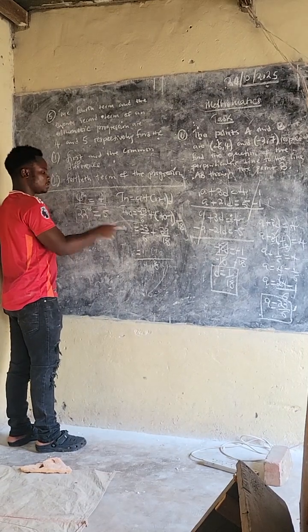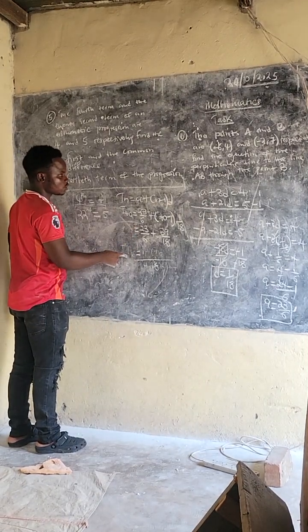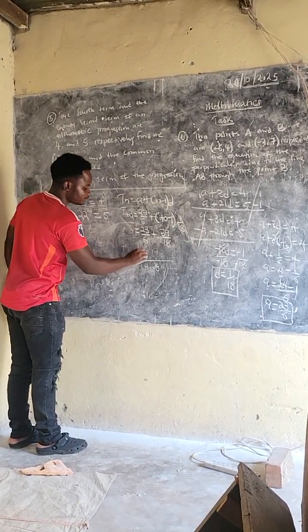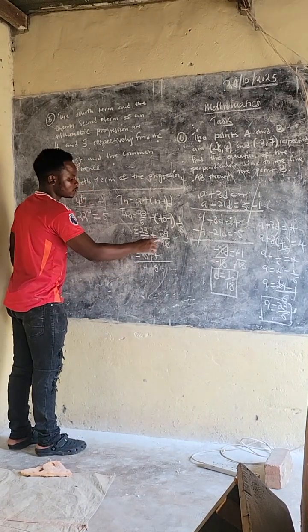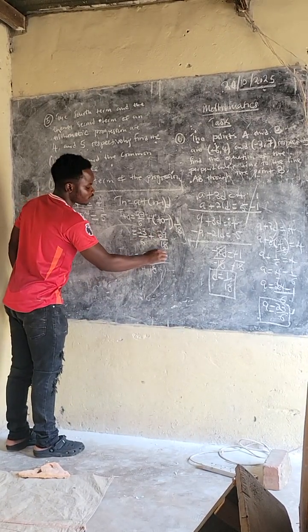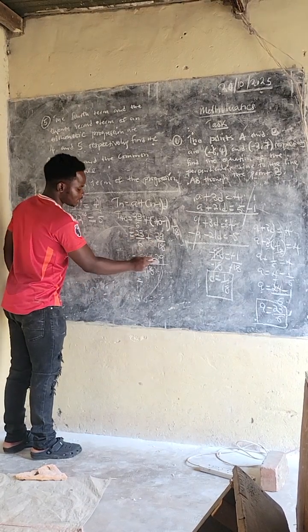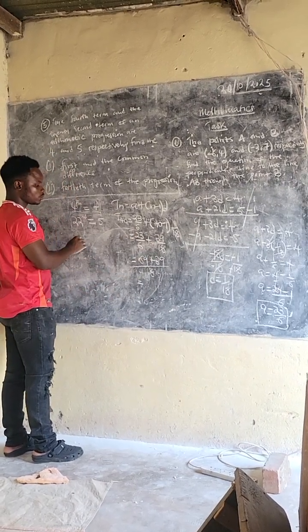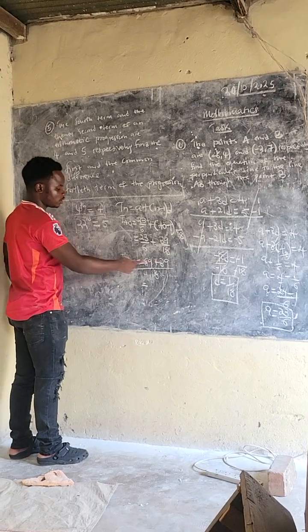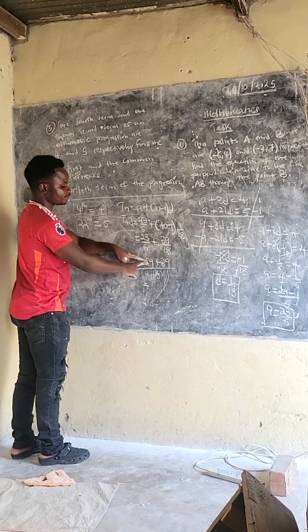So 3 times 23, we're going to have 69. 69 plus 39. When you add this and that one, we have 108.